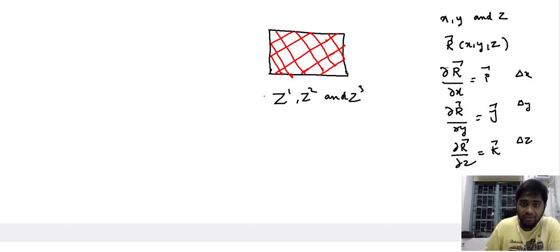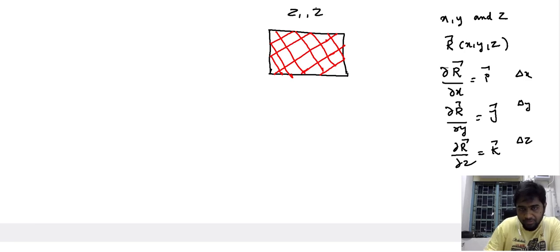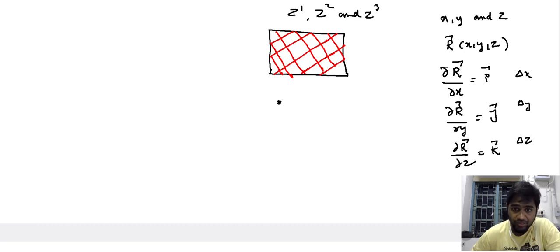So in order to do that, we take the same approach. Maybe I will write the names somewhere here: z1, z2 and z3. To describe the basis unit vectors that arise out of this coordinate system, we begin by considering a position vector for a point here.